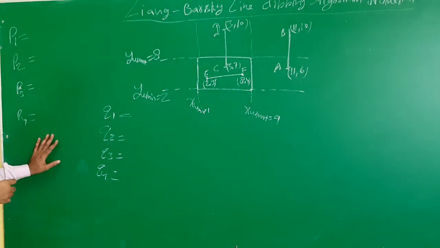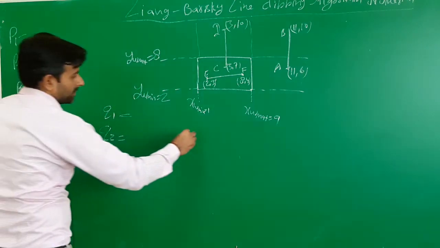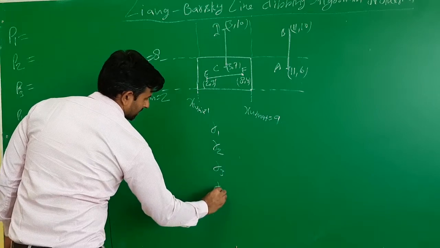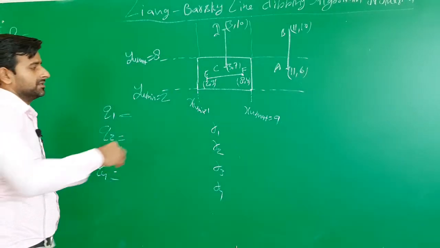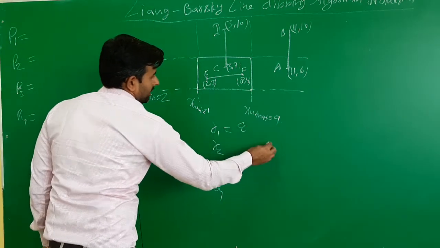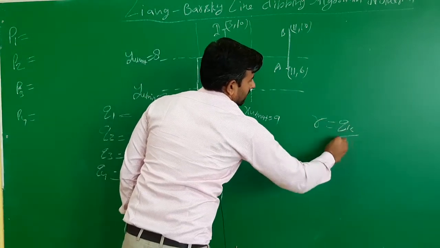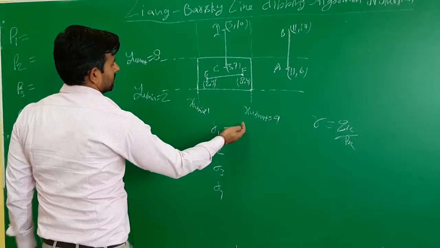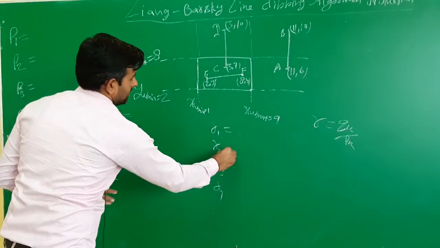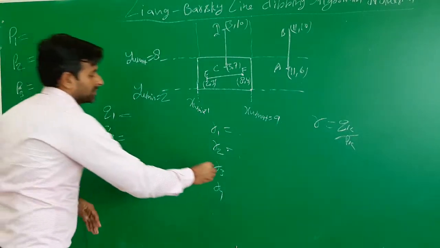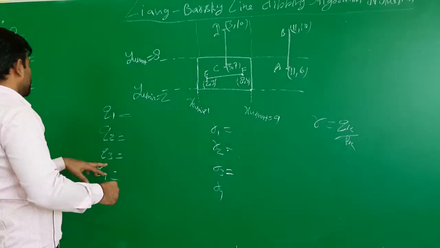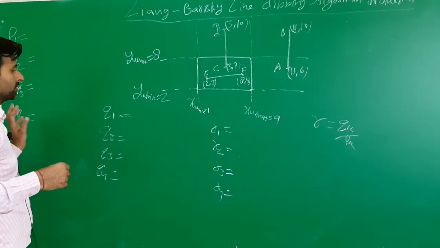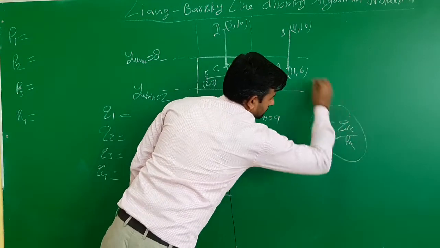These are the 8 values, and the 4 values are R1, R2, R3, R4. R is nothing but Q_k upon P_k. It means R1 will be Q1 upon P1, R2 will be Q2 upon P2, R3 will be Q3 upon P3 and R4 will be Q4 upon P4 from this formula.